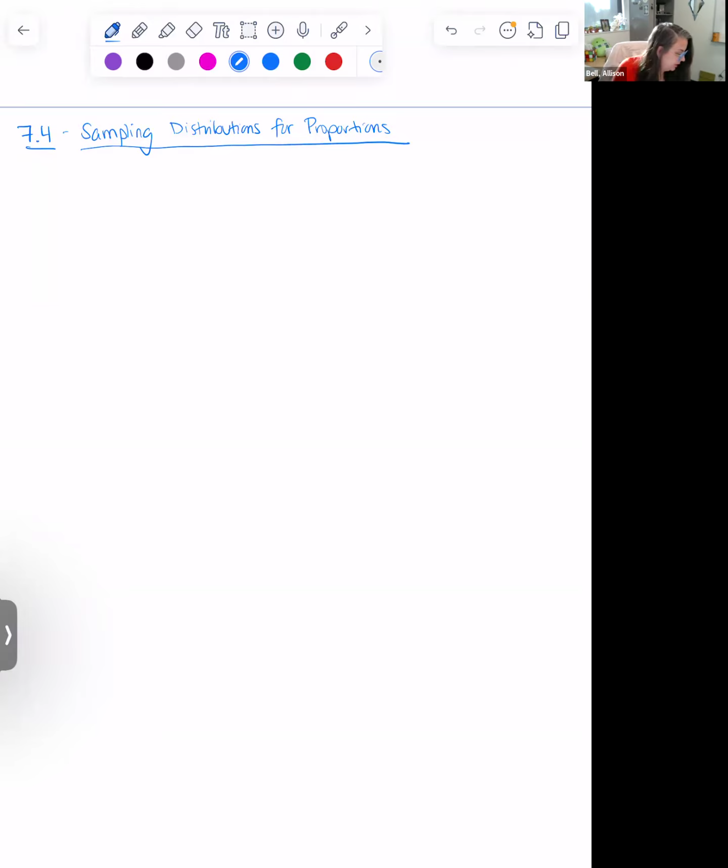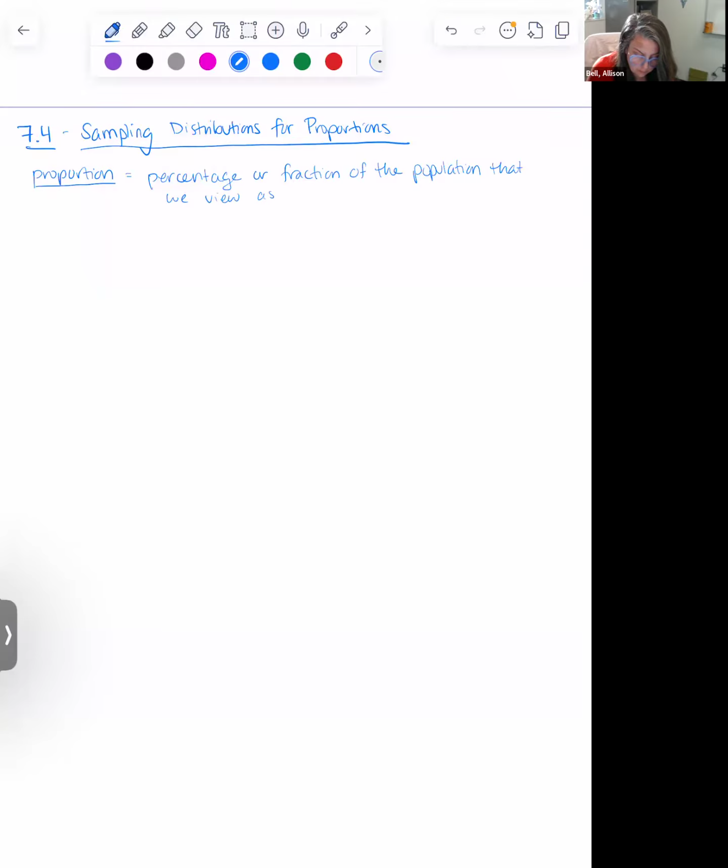So what we want to do is make sure we understand what a proportion is before we go into this any further. A proportion is a percentage or fraction of the population that we view as successes.